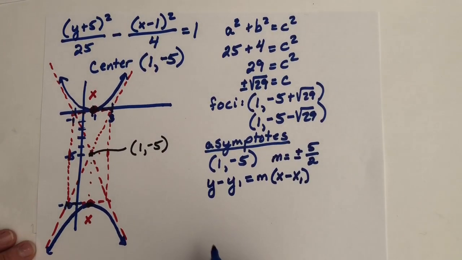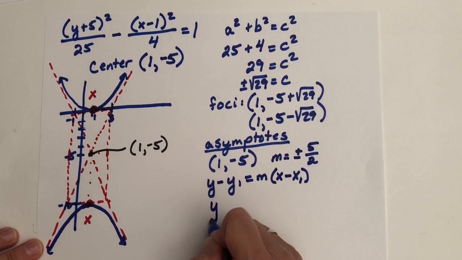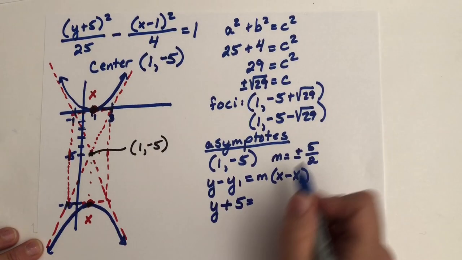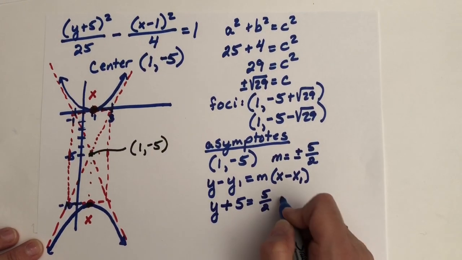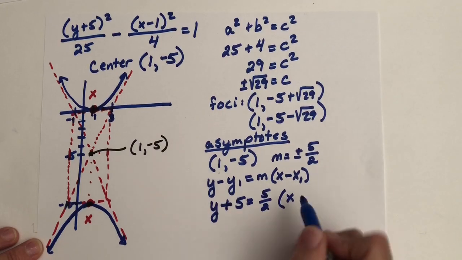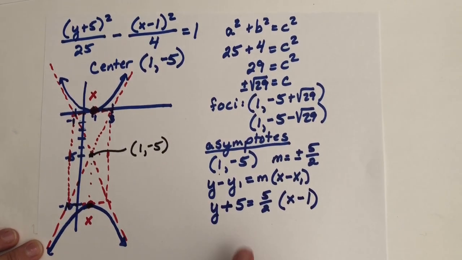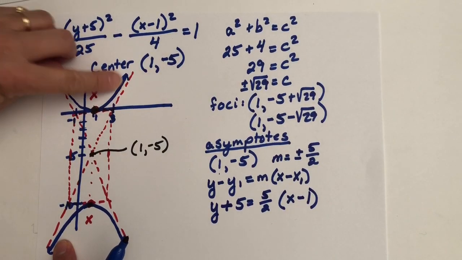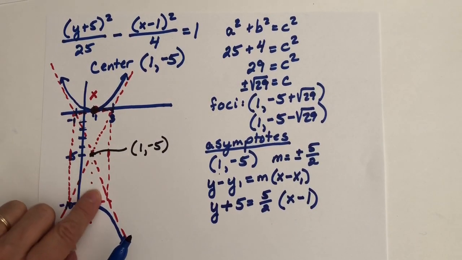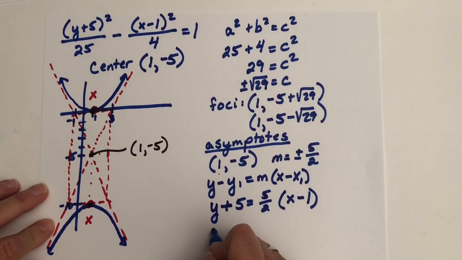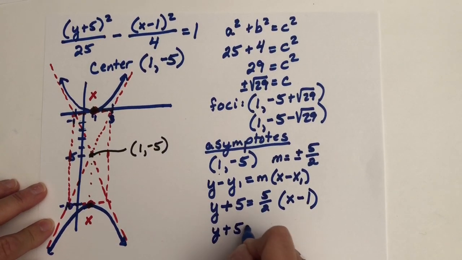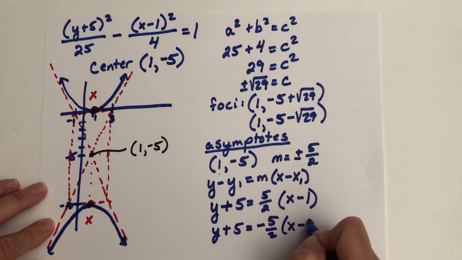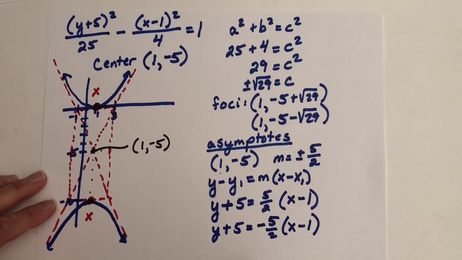So for this problem, I would have y minus the y coordinate equals the slope, which is 5/2, times x minus the x coordinate. And this is the equation of this asymptote right here. Now for this one, we have the same equation, except our slope is negative. So it's y plus 5 equals -5/2 times x minus 1. And those are the equations of the asymptotes.